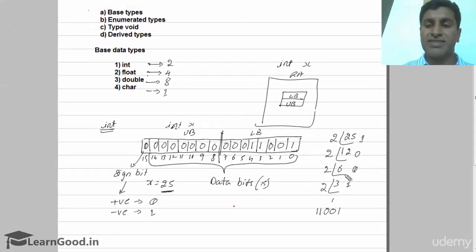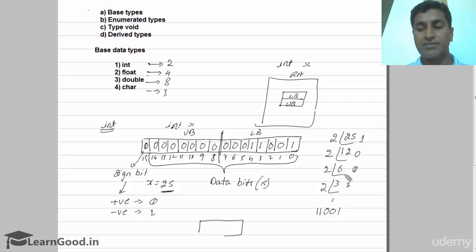Next we'll see what is the maximum value we can store in an integer, as well as the minimum value. To explain that, instead of taking 15 bits, I'll consider only 4 bits. Assume there are 4 bits here, and of these 4 bits, 3 are data bits and the last one you take as the sign bit.